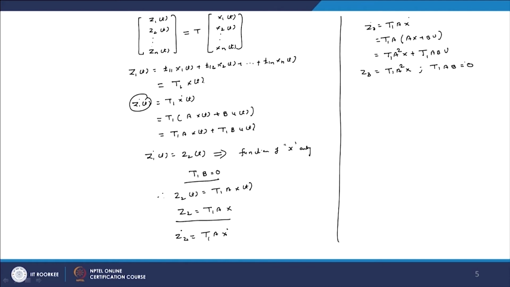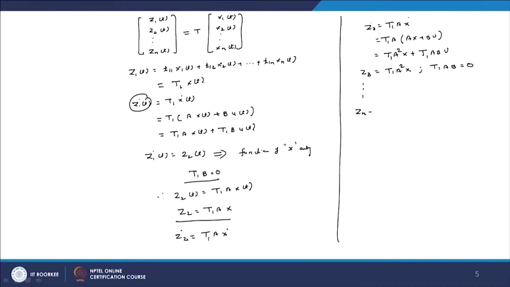So, now we have got z3, similarly we can get z4, z5. So, finally, we will get zn, that is z n minus 1 dot equal to T1 A raised to n minus 1 x, and here we will write T1 A raised to n minus 2 into B equal to 0.